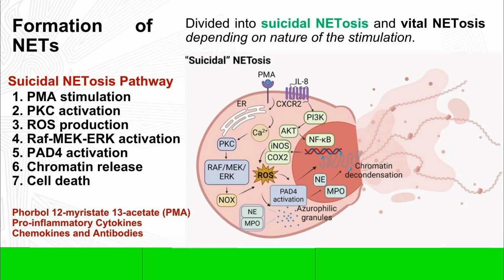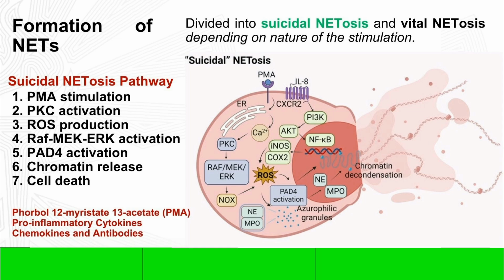The purpose of PAD4 is to modify the histones that wrap around the DNA, which spool the DNA, through a process called citrullination. The result of citrullination is that the DNA loses its tight grip and starts to expand or decondense. Next is nuclear rupture, where as the DNA expands, the nuclear envelope breaks down.